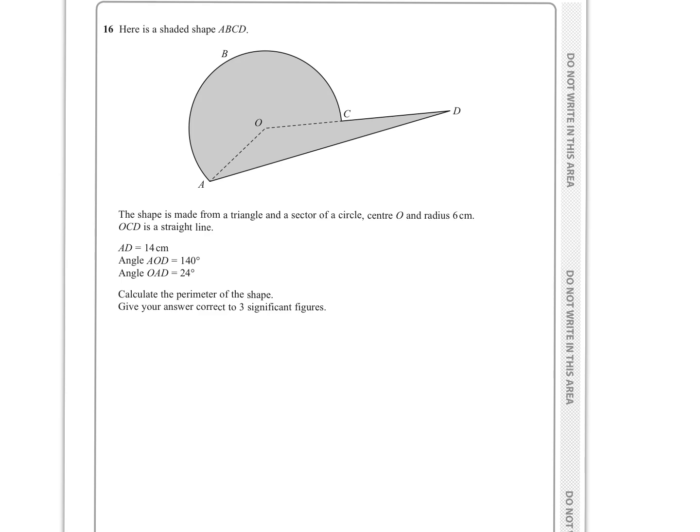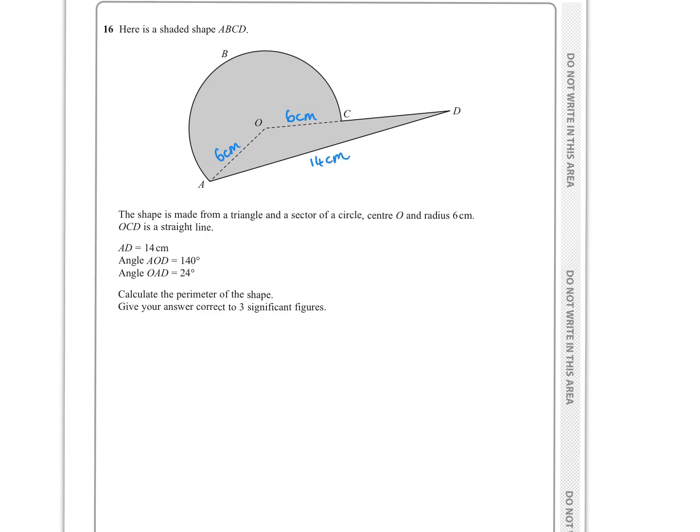Question 16. We're given a shape ABCD, and we're told the shape is made from a triangle and a sector of a circle, centre O and radius 6 centimetres. And OCD is a straight line. Okay, and AD is 14 centimetres.